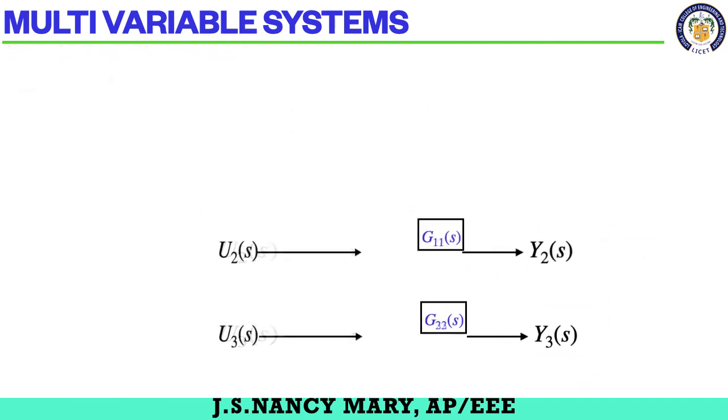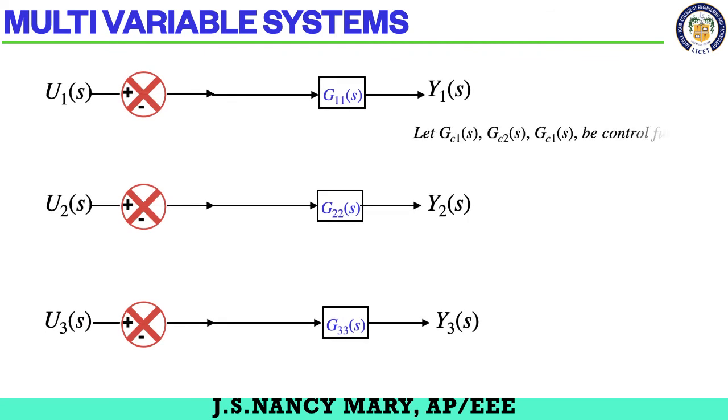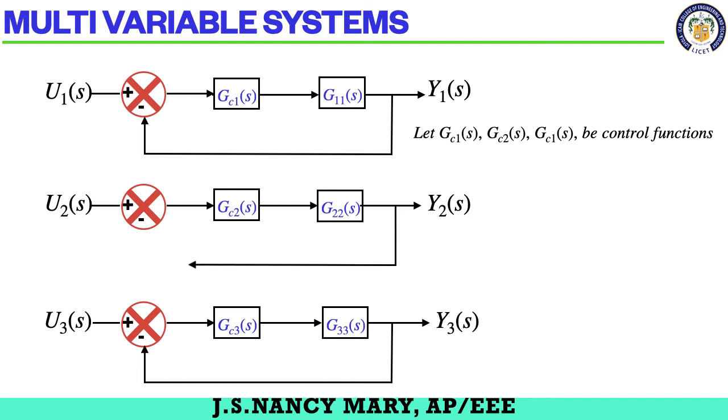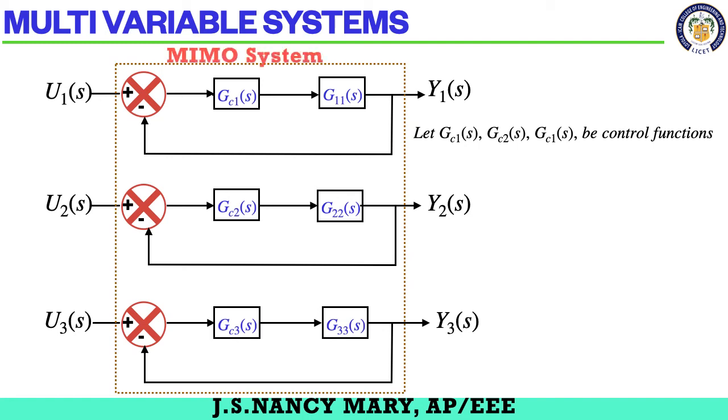So here they are not interacting with each other. So I could write GC1, GC2, GC3 as the control functions, and I'll have a separate feedback from all the outputs to the inputs. So it is not interacting, and this is your multi-input and multi-output system. Thank you.